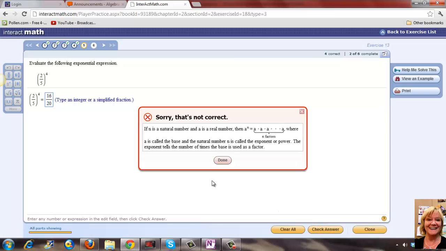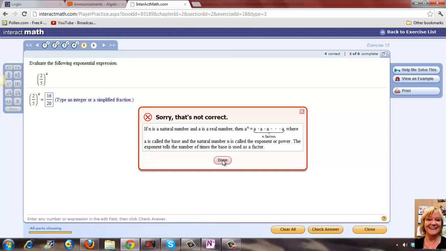So obviously I knew it wasn't going to be correct, and the program tells me if n is a natural number and a is a natural number, then when you raise it to the different powers, a is the base. So it might give you a clue about how to find the answer.